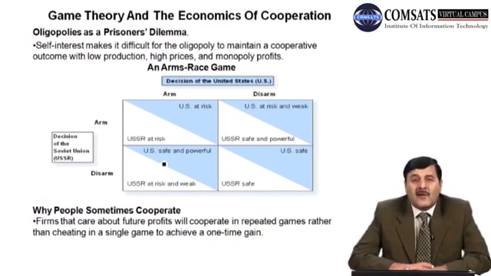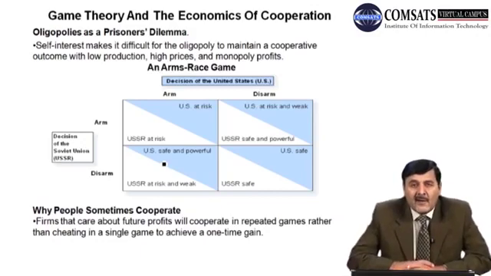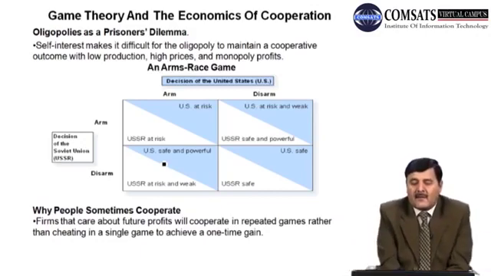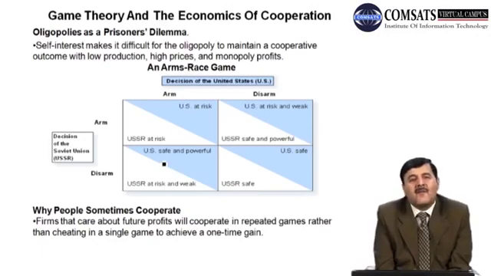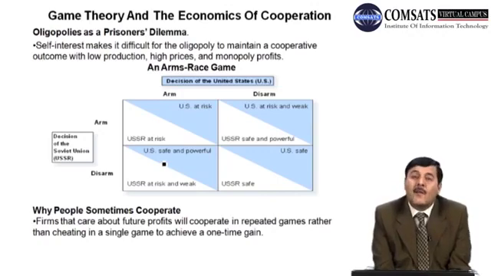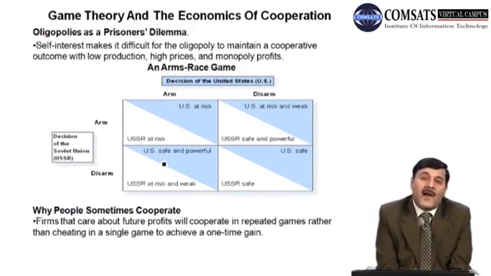Now, what is the best strategy? The dominant strategy for each country is not to disarm, right? But when they decide not to disarm, of course one country is better off and the other is not, and they are not safe, they are at risk, and they are weak. If both decide to keep arms, both countries are at risk.